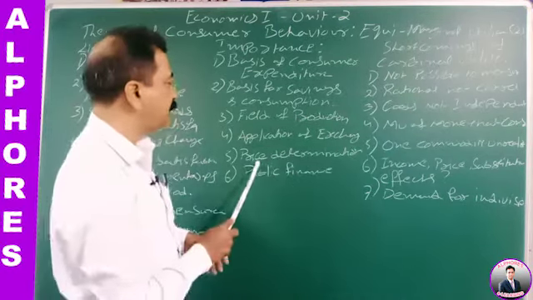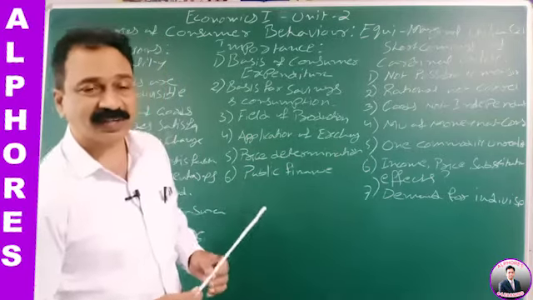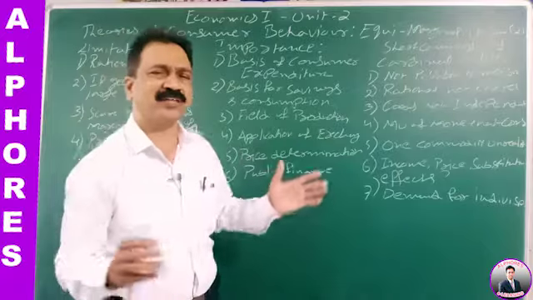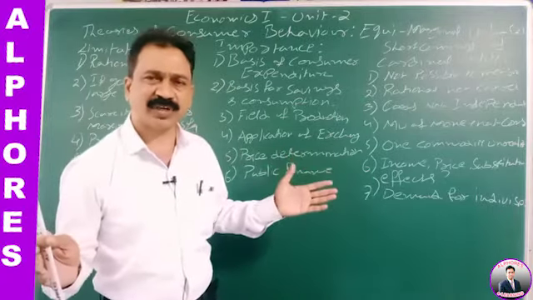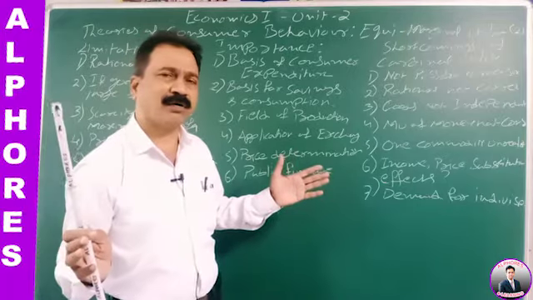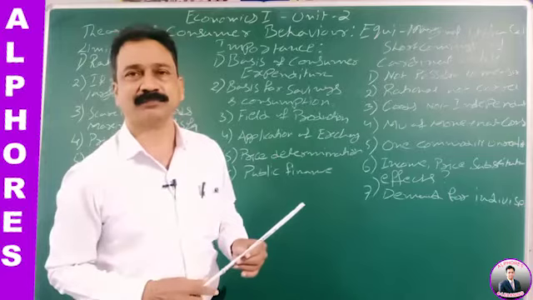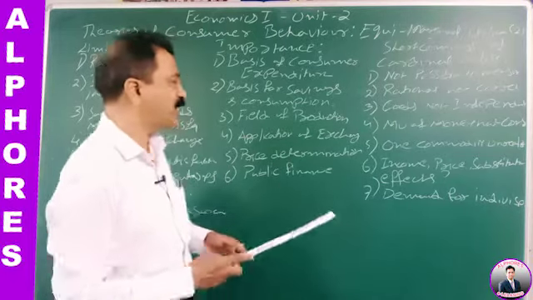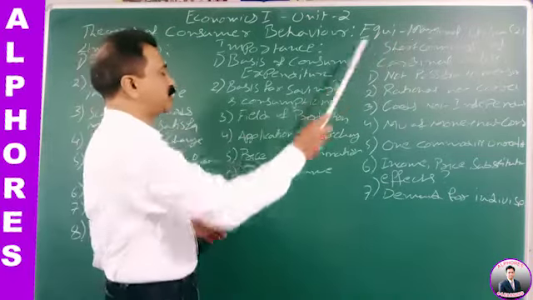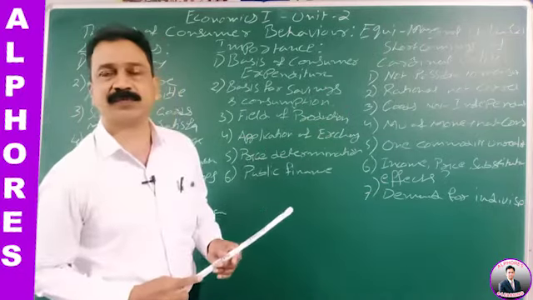Okay, and the next one is price determination. How prices are determined in the market is a big science. You need to understand that in detail. We will have a long discussion about price determination in the 3rd chapter. Before that, even equi-marginal utility helps in determining the prices.